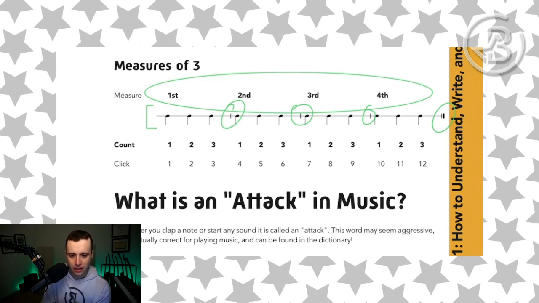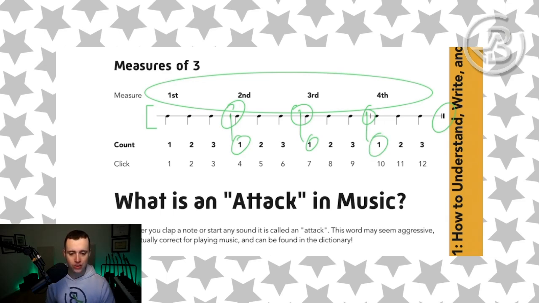Instead of 16 counts over 4 measures, there's only going to be 12 counts, because I'm going to be counting to 3, 4 times. Every time we get to a bar line, we start the count new at 1.